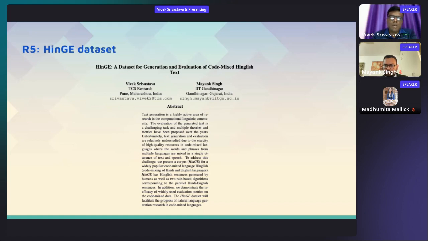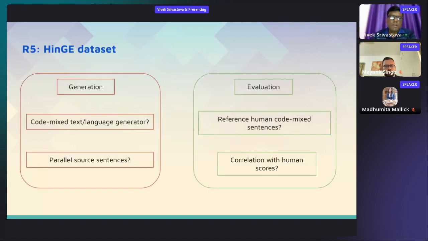And how good they generate is what we try to see in this fifth data set, where two different things are at the center of attention for us. One is generation and one is evaluation. For generation, the first major question for us was how we would actually get a code mix language generator, because we didn't have any of these generators at that time.